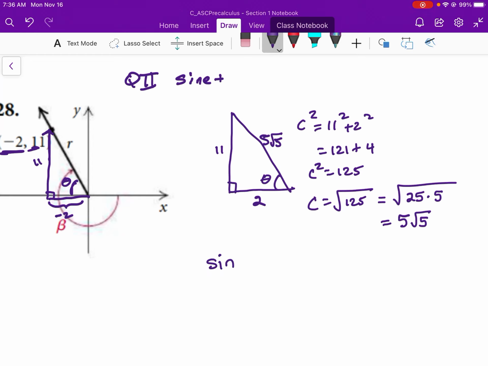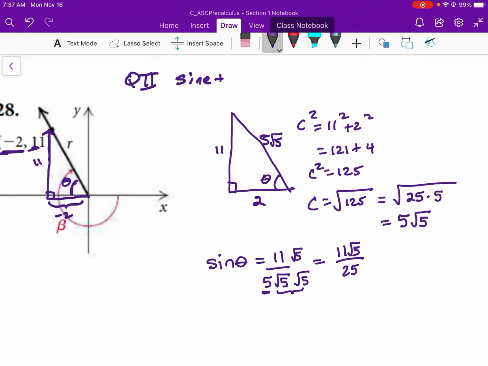Okay, so let's find sine. Sine is positive. Sine is opposite over hypotenuse. So that's going to be 11 over 5 radical 5. Well, I can't have a radical 5 in the denominator, so I'm going to multiply by radical 5, which gives me 11 radical 5 over, this is 5.